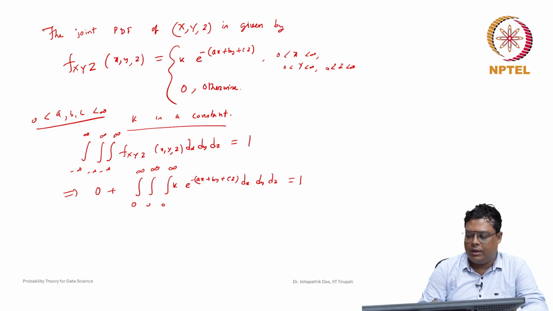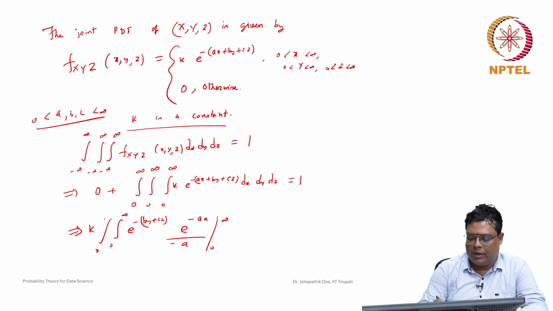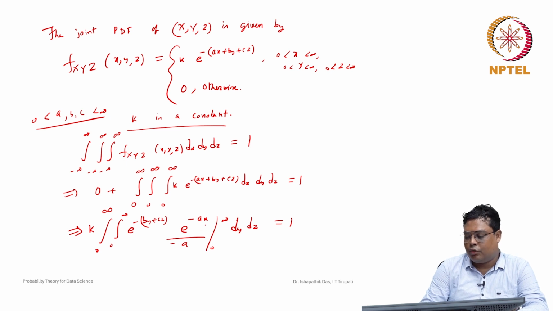Now we will do the integration. Suppose we integrate with respect to x first, so k times the integral over 0 to infinity with respect to y and z of e to the power of minus (by plus cz), since these are independent of x, and then the integral from 0 to infinity of e to the power of minus ax dx. At x going to infinity this is 0, at x equal to 0 this value is 1.